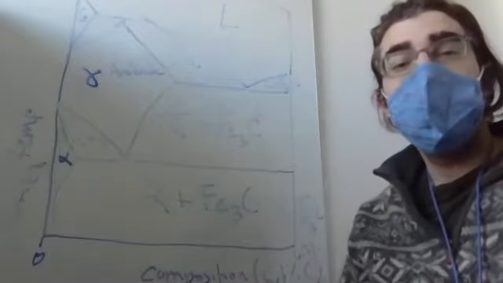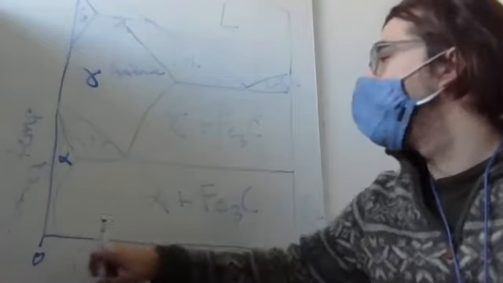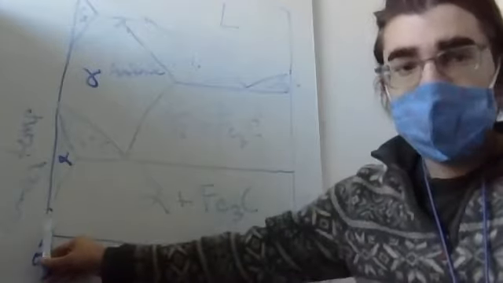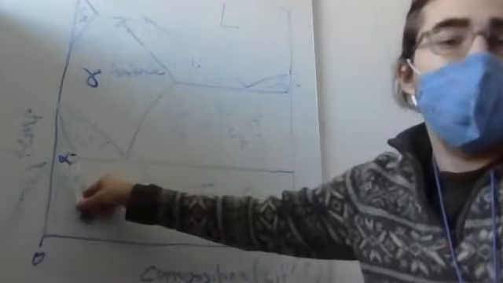Another way we can get different microstructures is by controlling the composition, right? So if we have very, very low amounts of carbon, like down here, we would only have this alpha ferrite phase.